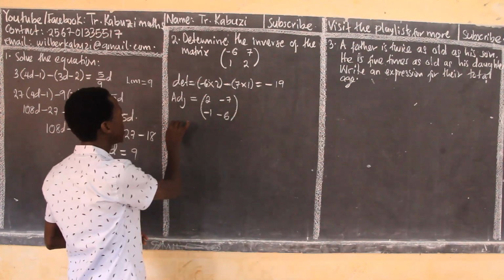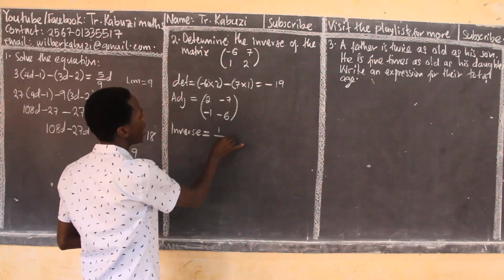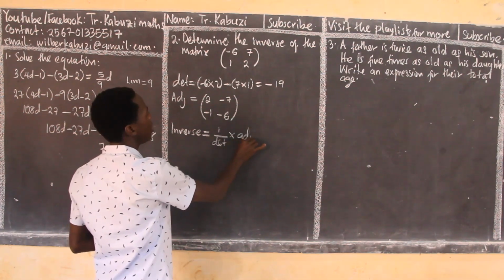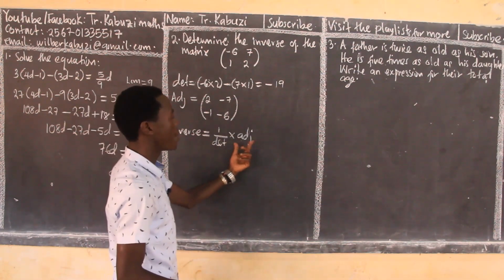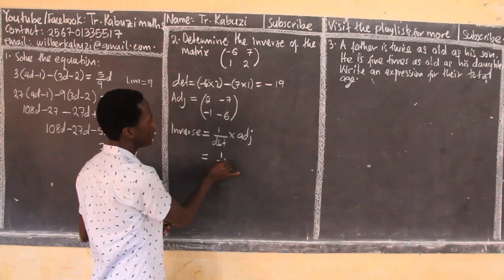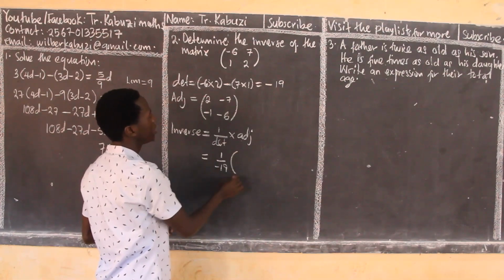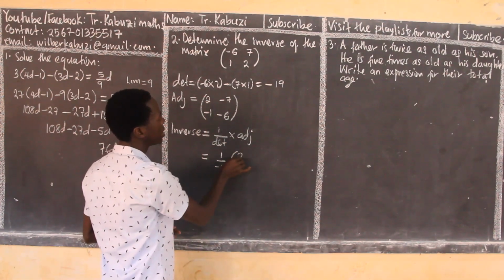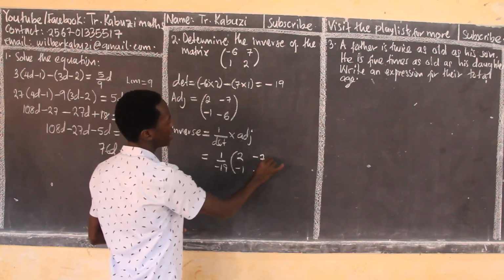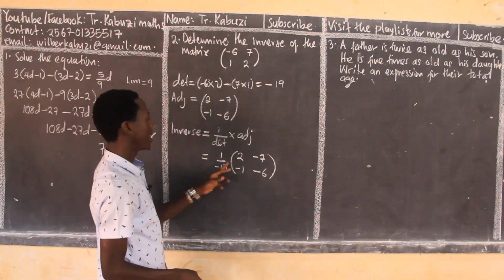So now our inverse, we said it's going to be 1 over the determinant times the adjoint, which we just abbreviate by that word adj. So this will be 1 over our determinant, which is -19, into our adjoint, which is 2, -7, -1, and -6. What is remaining is just to simplify.